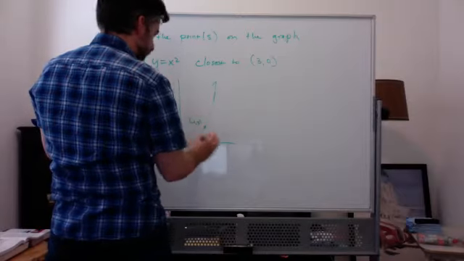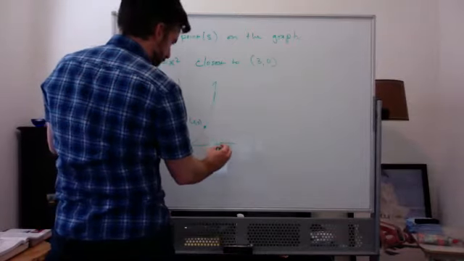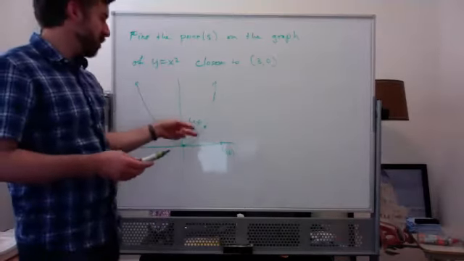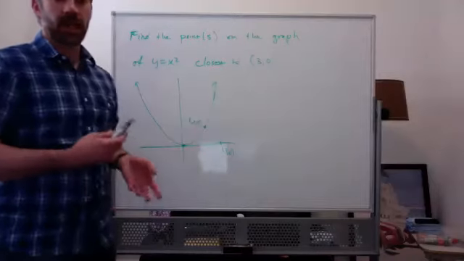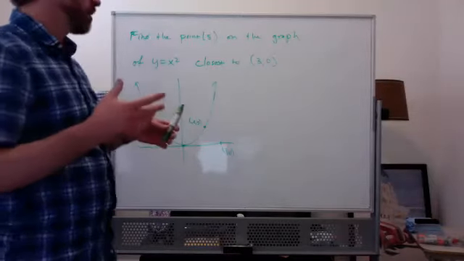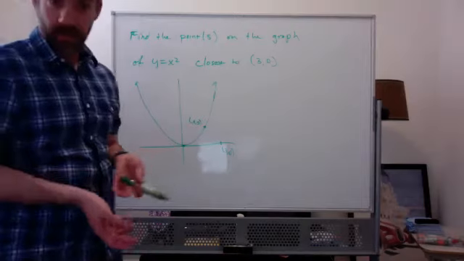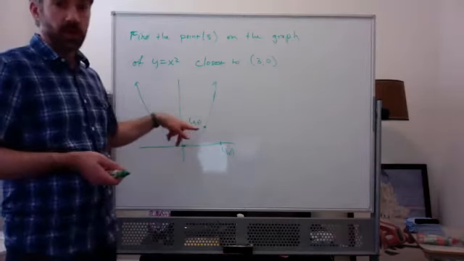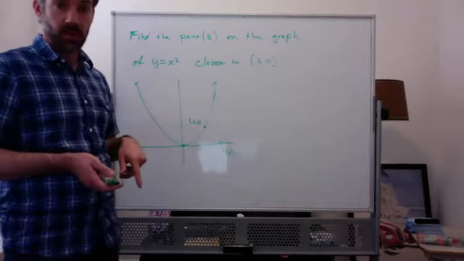Here's x comma y. And over here is the point 3, 0. And if we're trying to find the point on the graph that is closest to 3, 0, what we are in essence trying to do is minimize the distance between our unknown point here and the known point 3, 0.